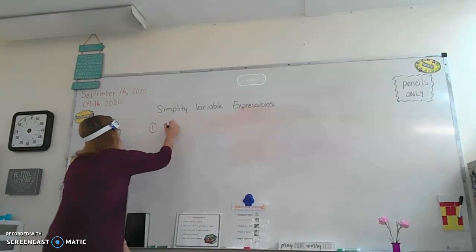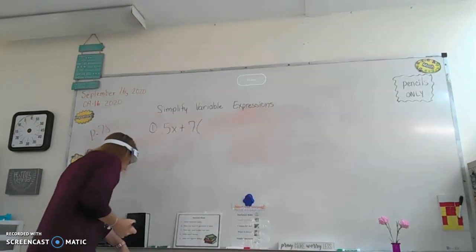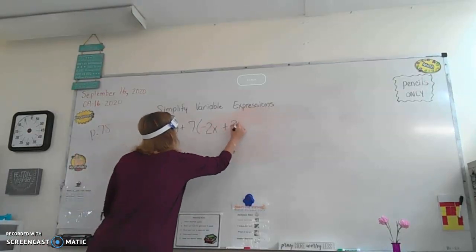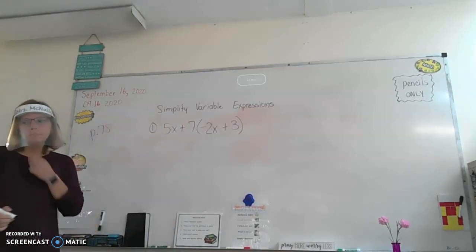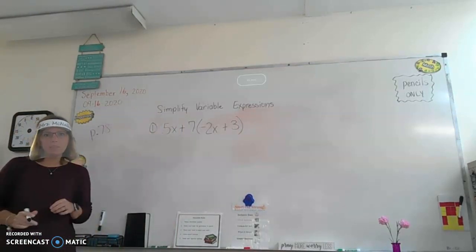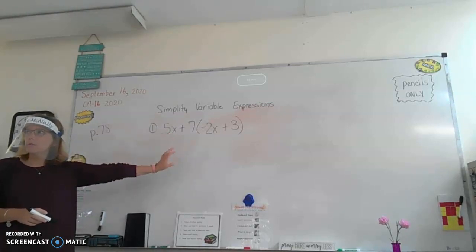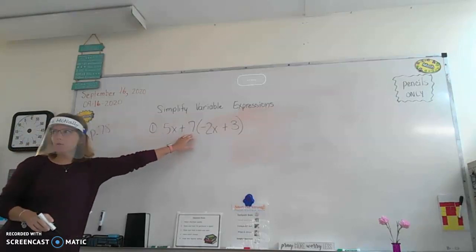So 5x plus 7 times negative 2x plus 3. First I'm going to follow order of operations by using the distributive property, because I have to take care of this thing on the outside of the parentheses.